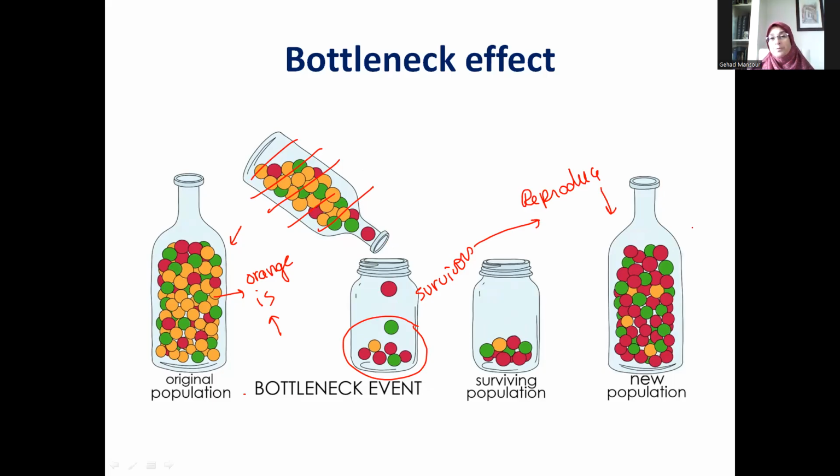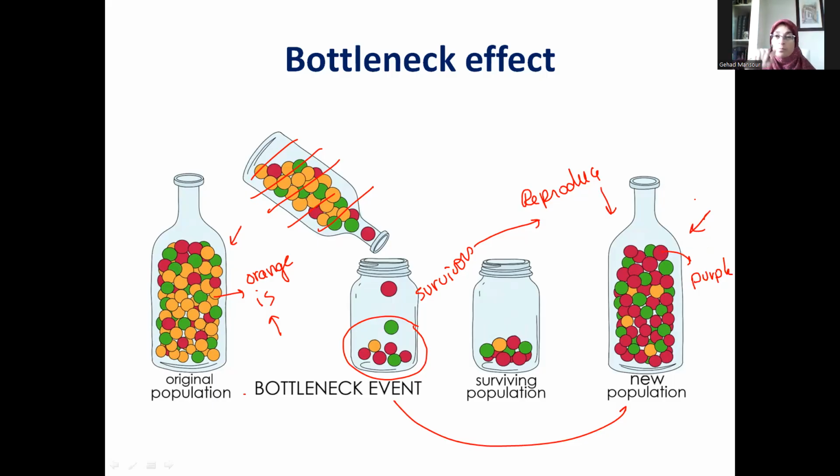And this is the new population. You can easily detect that the new population that arose from this minority that survived is totally different, because now it's the purple phenotype, for example, that is taking over.